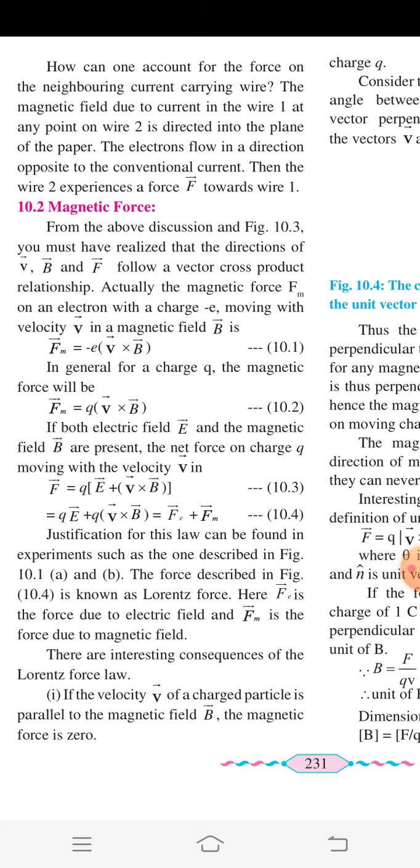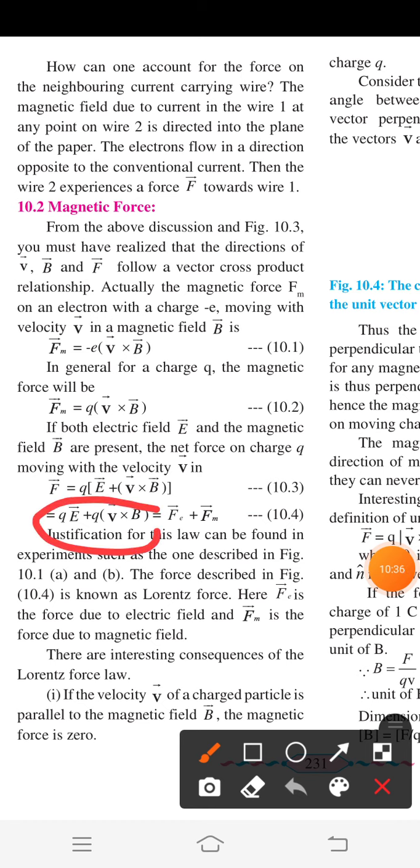If we look at the Lorentz force, F bar is equal to Q E bar plus Q V bar cross B bar. In this equation, if we put V bar parallel to magnetic field B bar, and if we take the cross product V bar cross B bar, then V bar cross B bar is equal to V into B into sine 0 degree, and sine 0 degree is equal to 0.